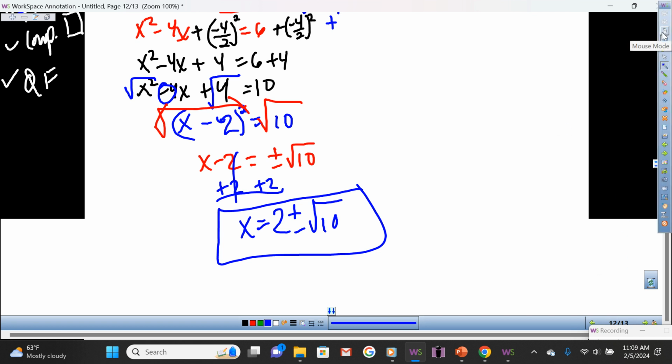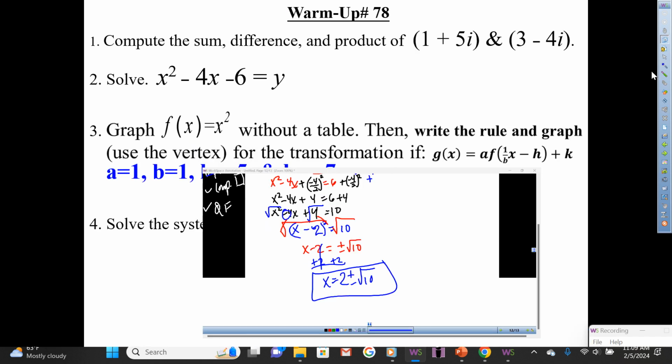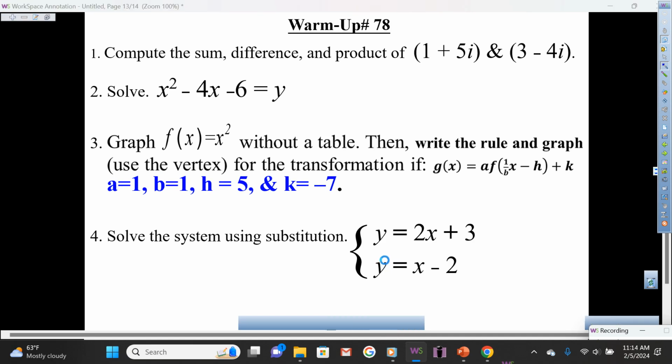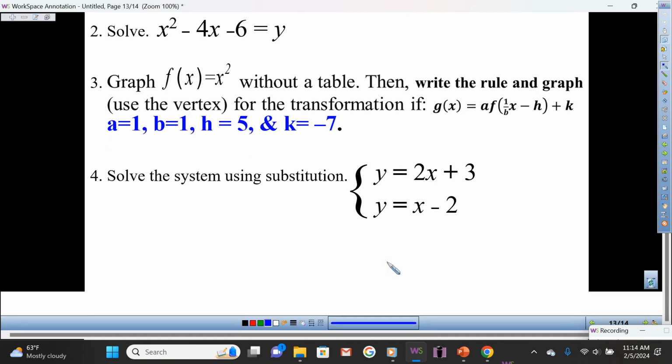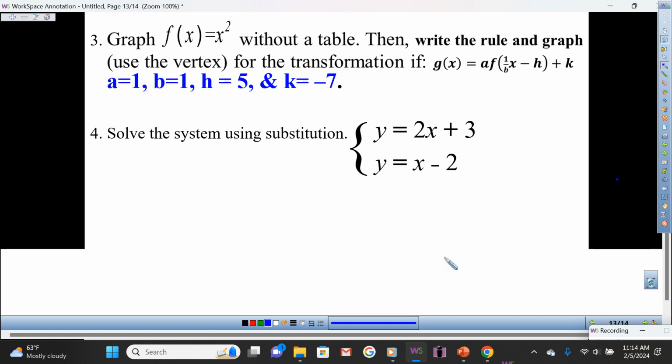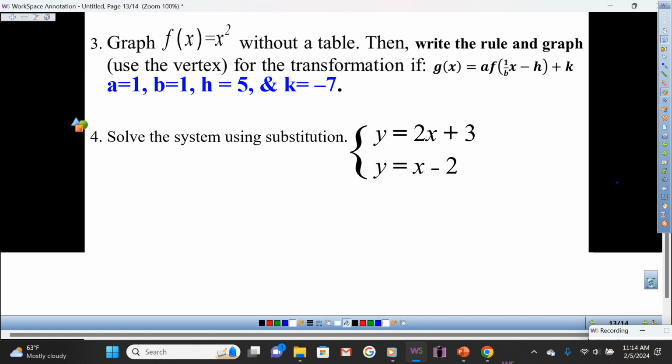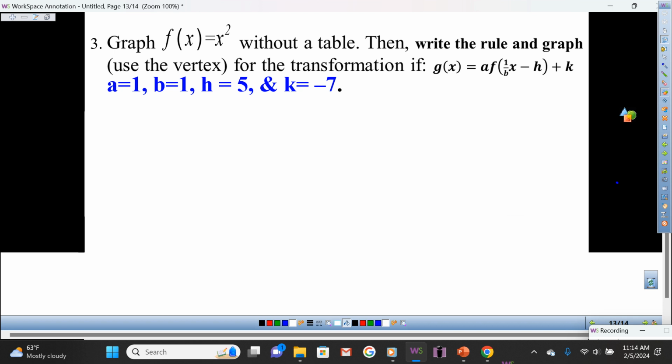That was number 2. Let's go to number 3. It says graph f of x equals x squared. By now, that should be automatic, yes? Yes, Mr. Q. All right. But once again, being that it's Monday and it's going to rain, it's okay. I got you.